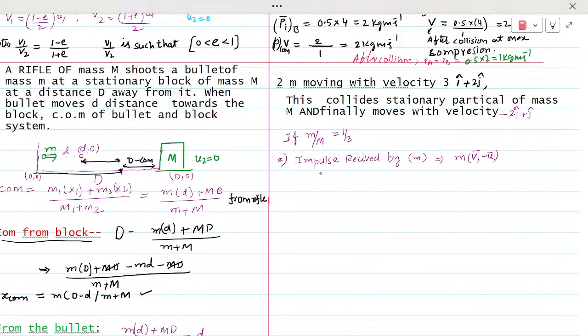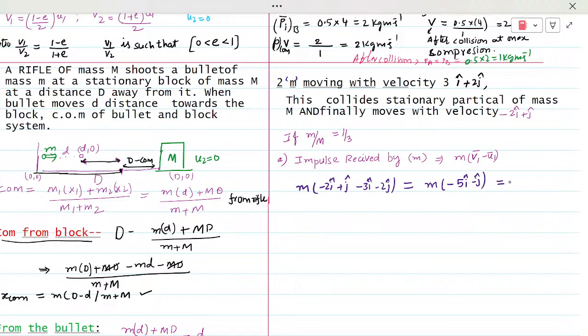So now m is already given. The particle after colliding is moving with, this is the first one only, small m only is moving, not the capital M. So that equals how much? m into v2 bar, given already, minus 2i cap plus j cap, minus 3i cap minus 2j cap, that is equal to small m into minus 5i cap minus j cap.